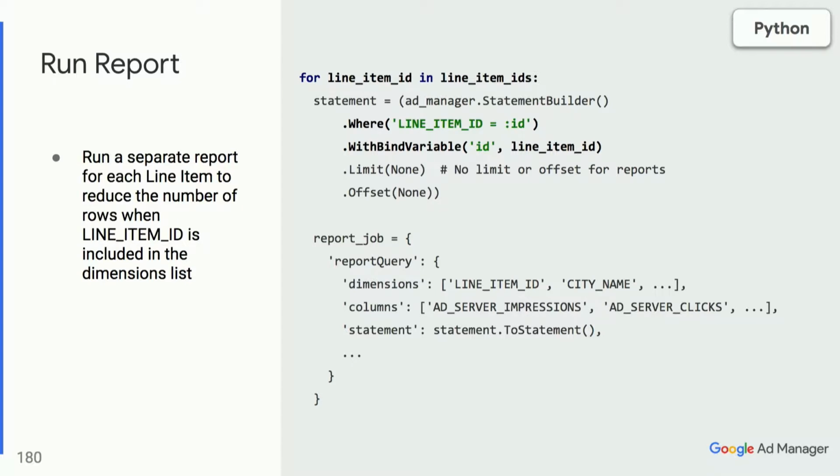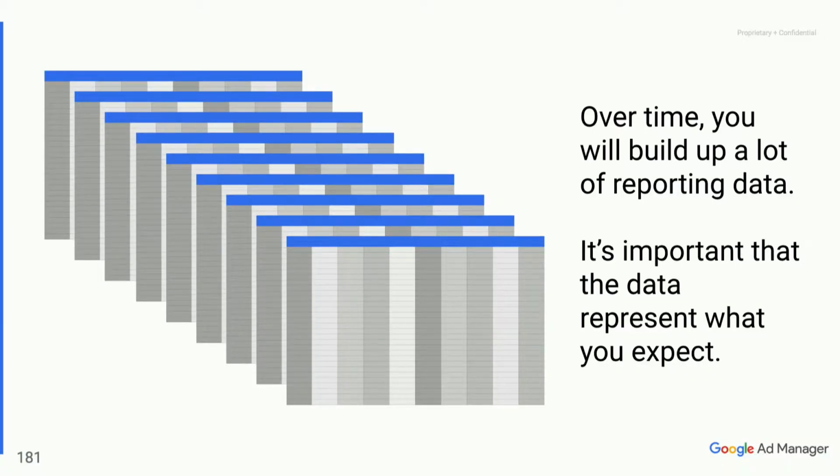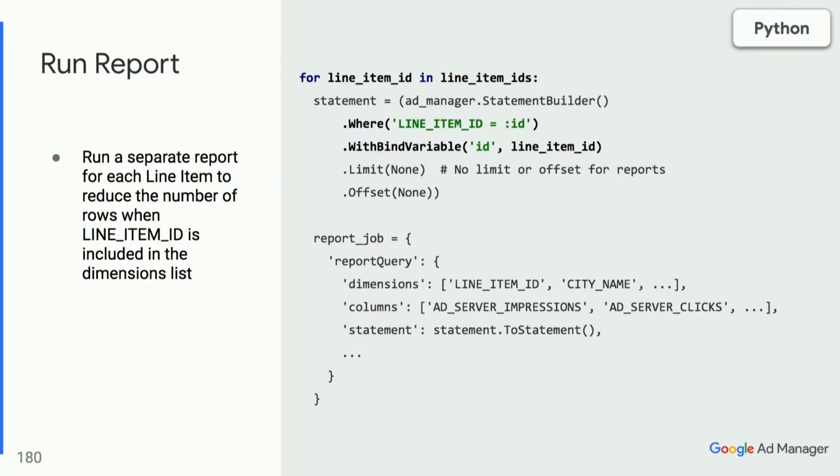Then it's a matter of defining a where clause on the statement for this report, and we're going to limit it to a single ID per report query. And the third line in bold here is just a way that our client libraries bind the variable. This is something that you can do not only with line item ID, but other dimensions that support filtering as well.